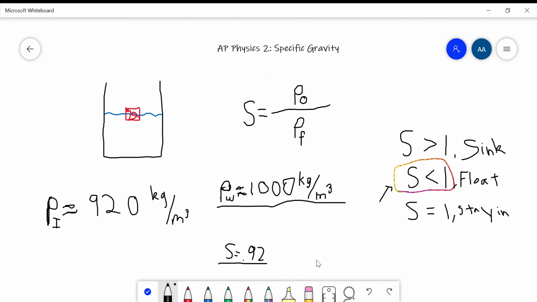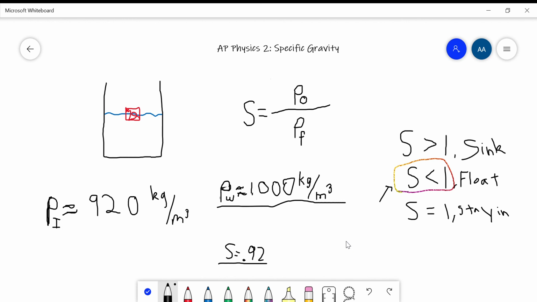When S is less than 1, the specific gravity that you get is actually the proportion of the object that stays under the water. If you put a block of ice in, let's put this on a much bigger scale. You might have heard the term that 92% of an iceberg is actually under the water, and that's true.